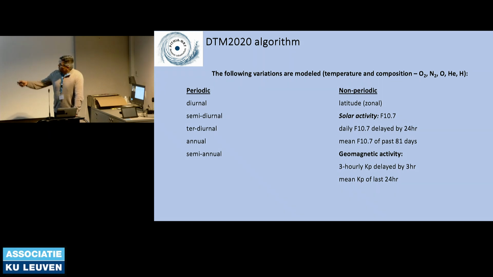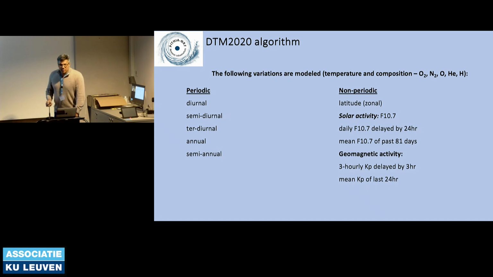So typically periodic variations: the diurnal, semi-diurnal, terdiurnal, that's the effect of the Earth rotation with respect to the sun, so that's the local solar time effect. Then we have the seasonal variation, annual and semi-annual. That's the effect of the orbit of the Earth around the sun, which is a little bit eccentric, and the semi-annual effect is because the Earth's pole is a little bit inclined.